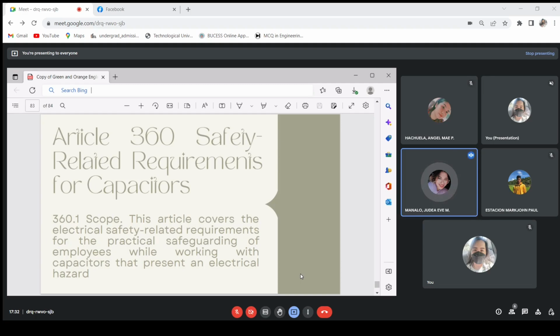And while performing the work of something about capacitors, the risk assessment process for capacitors shall follow the overall risk assessment procedure na sinabi ni Angel kanina. So, if additional protective measures are required, they shall be selected and implemented according to the risks and risk control identified in the article that was said kanina ni Angel.